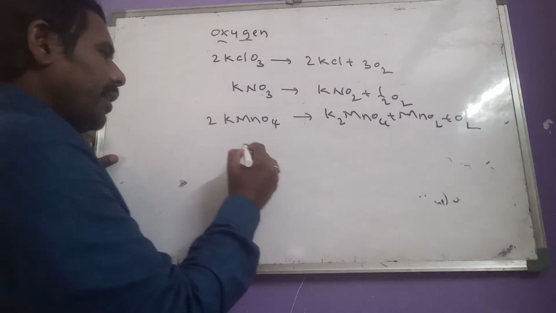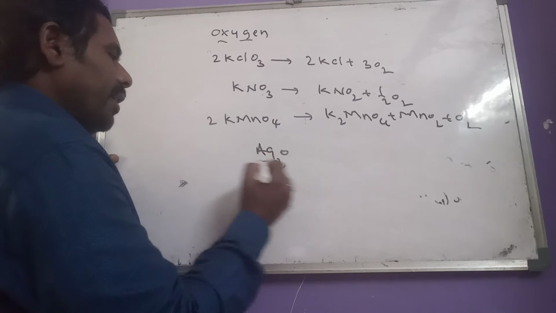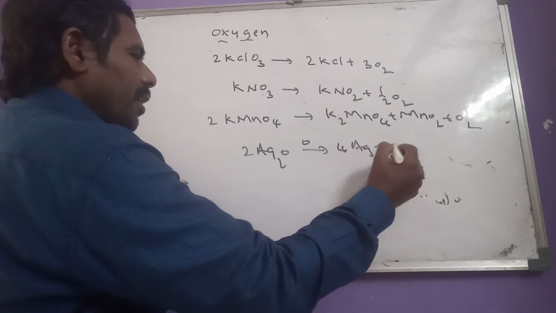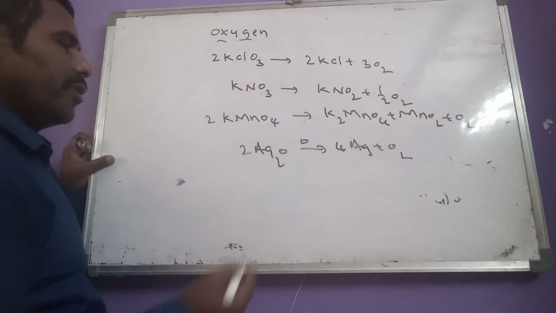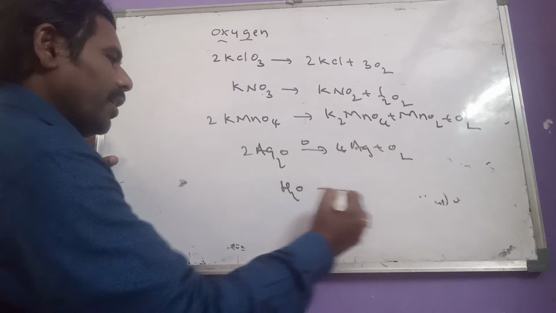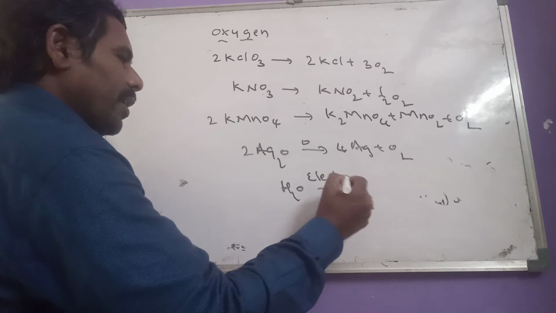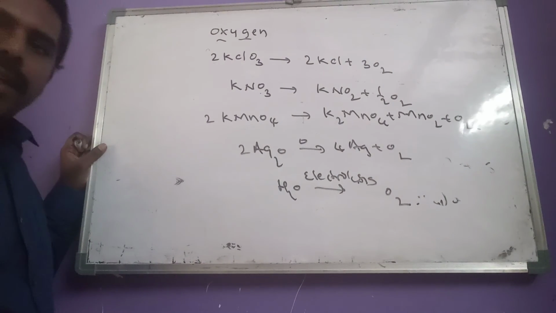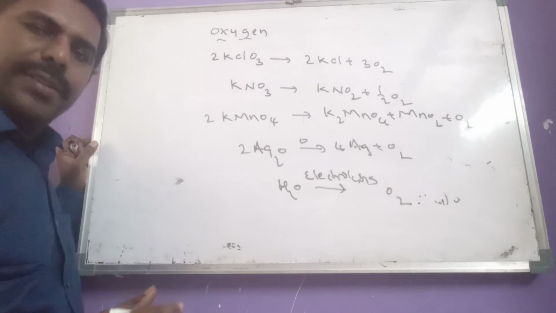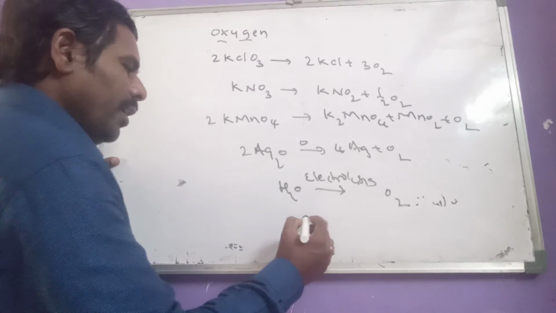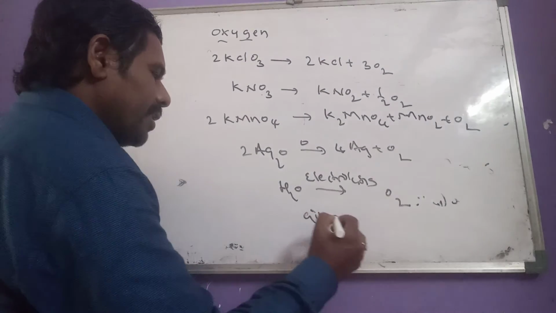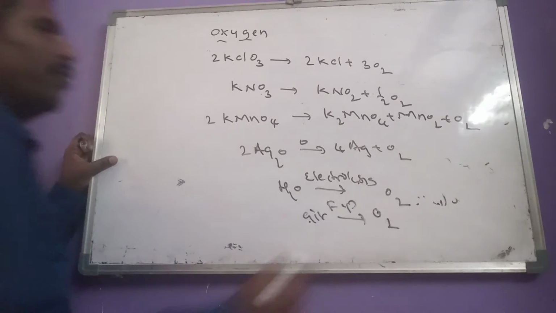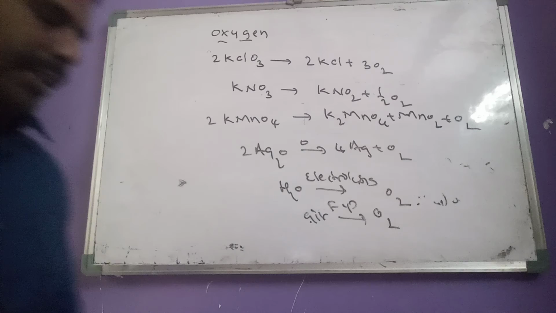And similarly, silver oxide Ag2O on heating produces oxygen. And also electrolysis of water produces oxygen gas. Then by the fractional distillation of air also we can get oxygen.